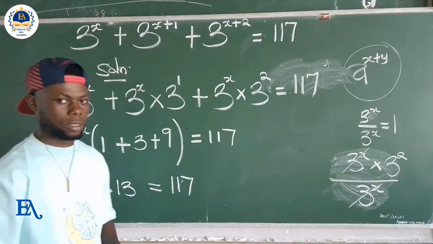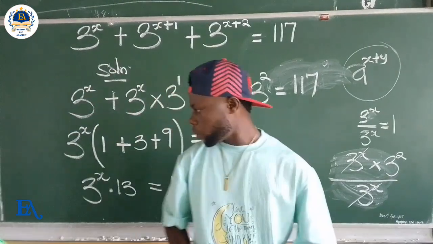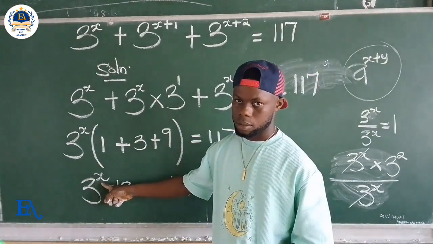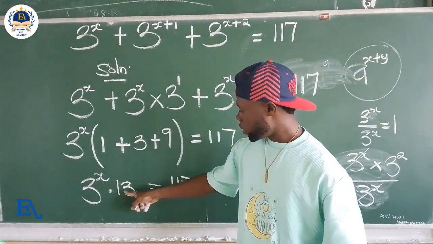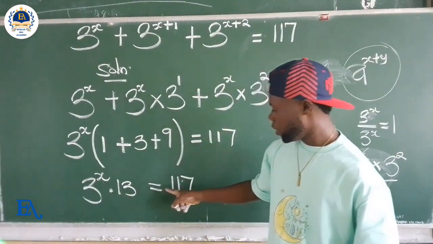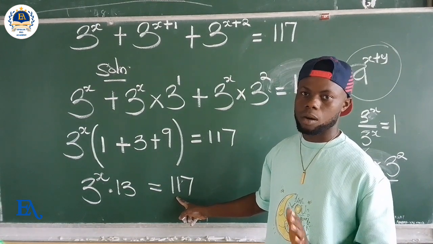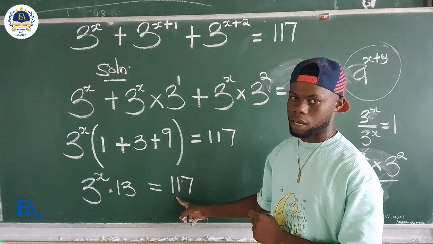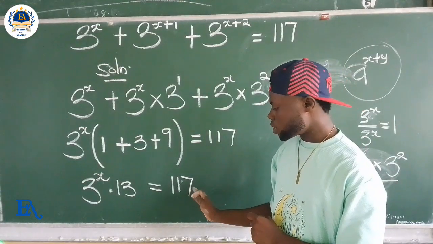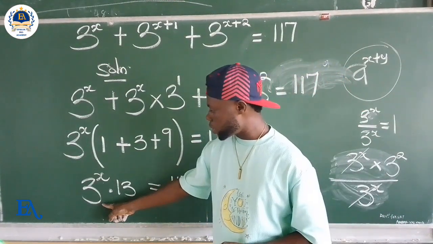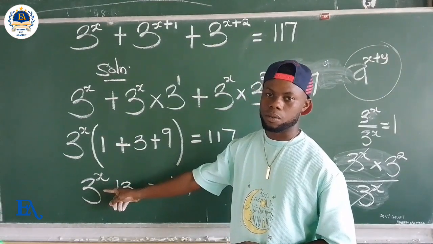Now at this point, we have a number with a letter, a number, then a number. The next step is to transfer all the numbers without a letter to one side of the equation so that a number with a letter will remain in one part of the equation.